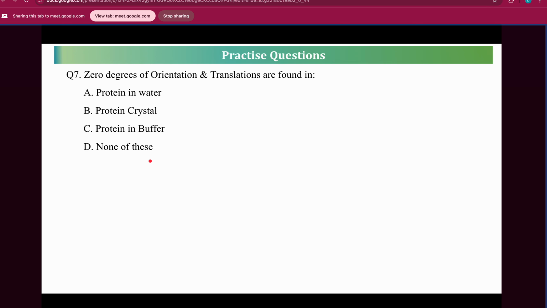So now you have to tell where we find 0 degrees of freedom in orientation and in translation. Okay, so now let's see what the right answer is.